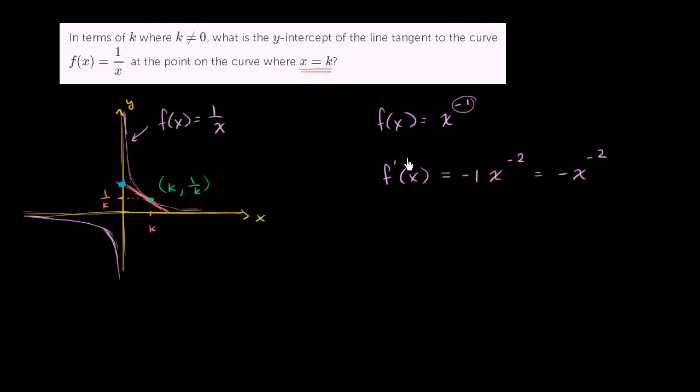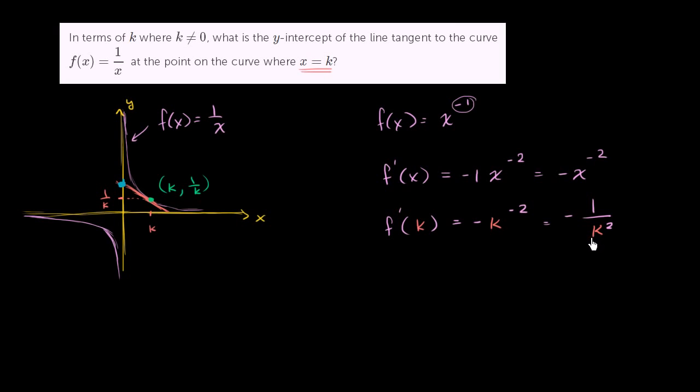Now, what we care about is the slope when x equals k. So f prime of k is equal to negative k to the negative 2 power, or another way of thinking about it, this is equal to negative 1 over k squared.